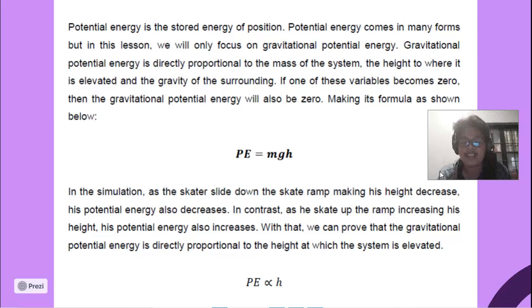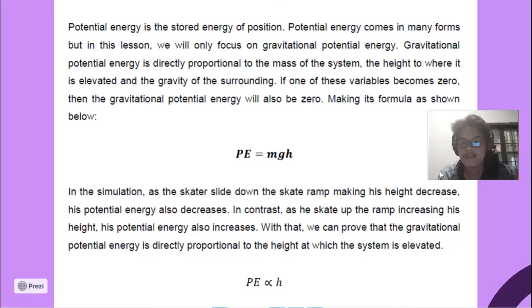Syempre, the higher the mass, the more energy it will give when it falls. To the height, syempre kapag mas mataas, it will fall harder. And the gravity of the surroundings: the higher the pull of gravity, the higher the energy also. If one of those variables becomes 0, if there's no gravity, or no height, or no mass, the potential energy will be 0. That's why its formula is always mass times gravity times height.